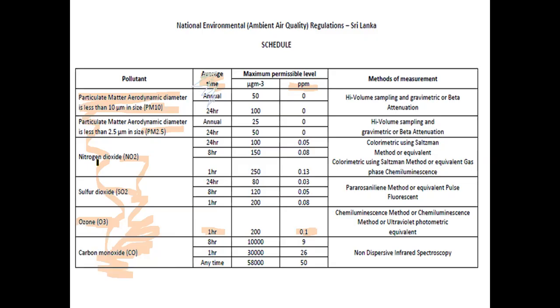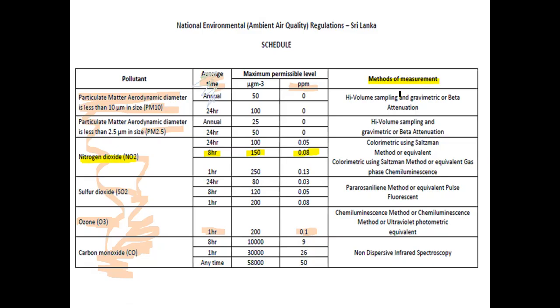Or we can see nitrogen dioxide. For 8-hour average time, the maximum permissible level is 0.08 ppm or 150 microgram per cubic meter. In this column, you can see the method of measurement.